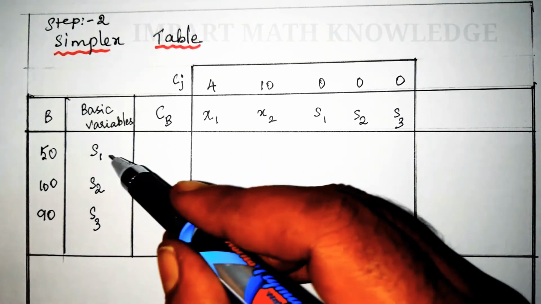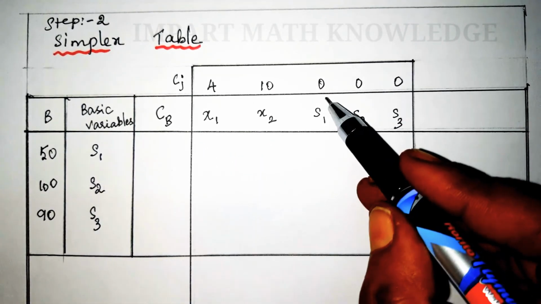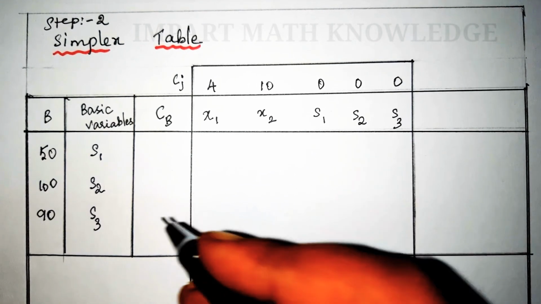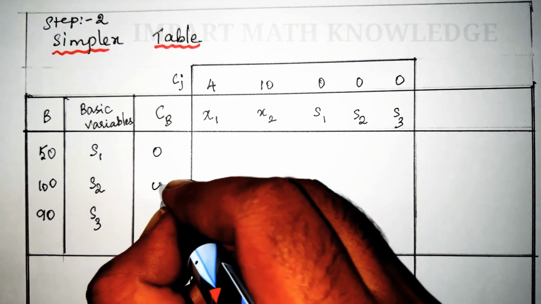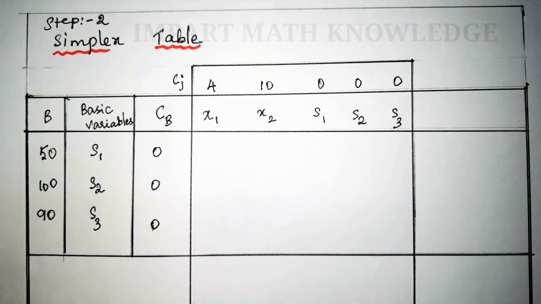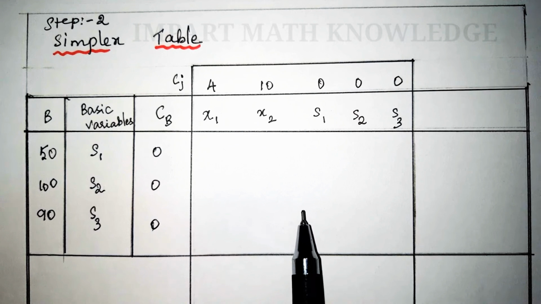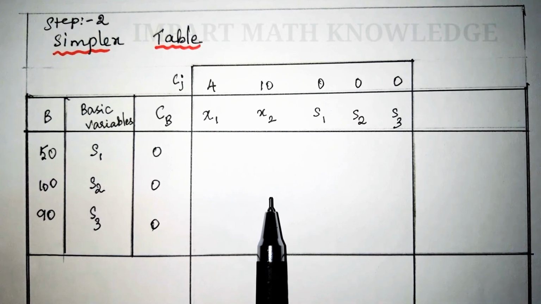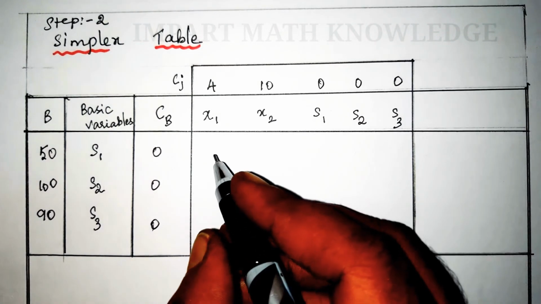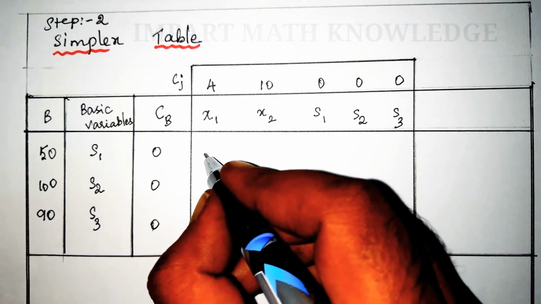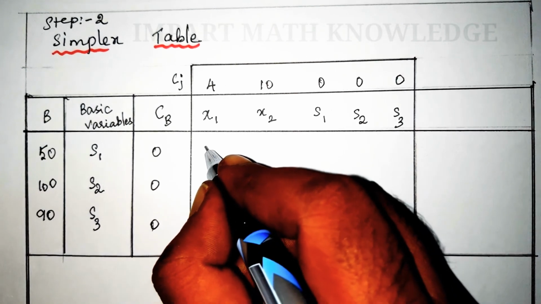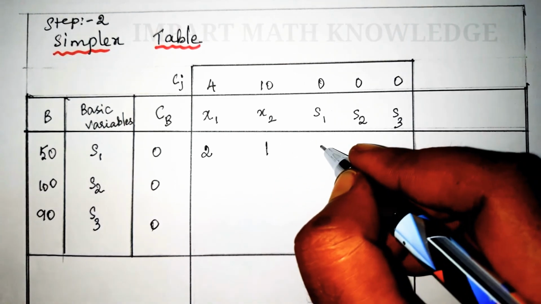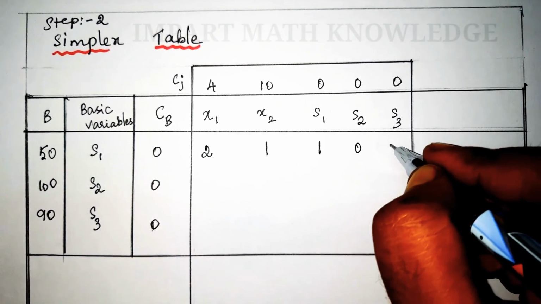Here you have to write the cost of these variables in the objective function. The cost is 0 for all these variables. 0, 0, 0. This is the main body of the simplex table. Here you have to write the coefficient of the given conditions. Let me write. The first one is 2, 1, 1, 0, 0.